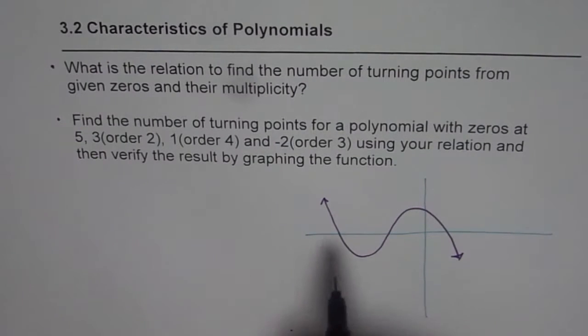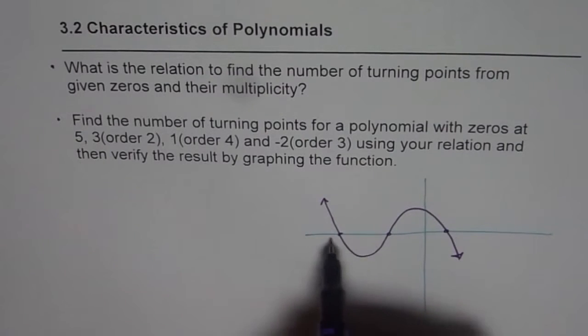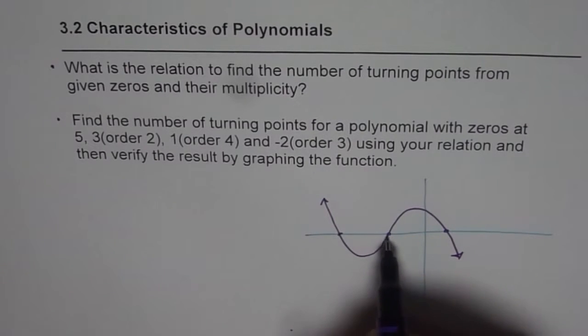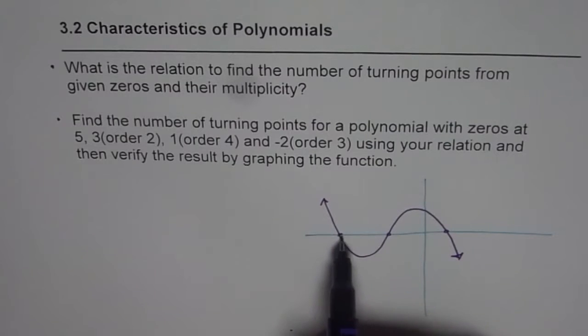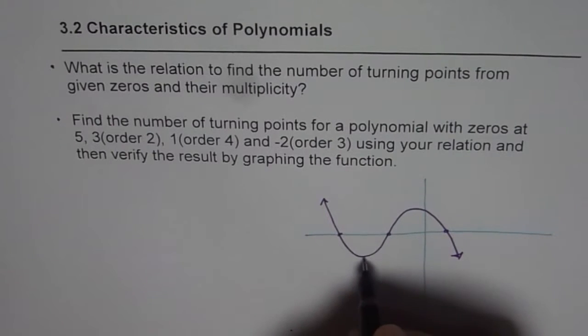Now here what you see is we have 3 zeros, right? 3 zeros lead to 2 turning points. You see that? Whenever you have zeros, the graph has to cross them, and once you cross a zero and have to get to the other zero, you have a turning point.